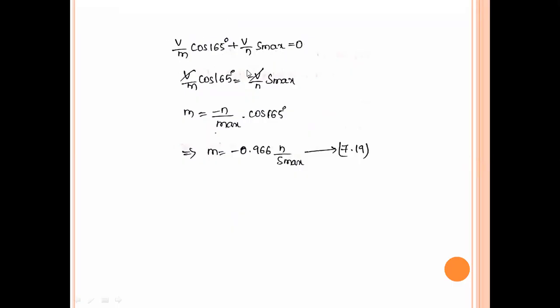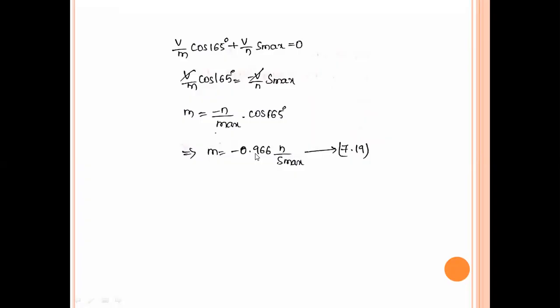Using that equation, substitute those two here and simplify, and you will get the turns ratio of the transformer, M equal to minus 0.966, which is the cos 165 value, times N by S max, where N is the turns ratio of the induction motor and S max is the maximum slip available at the starting condition. With this expression, we can determine the turns ratio of the transformer.